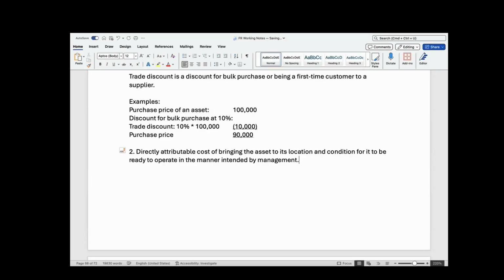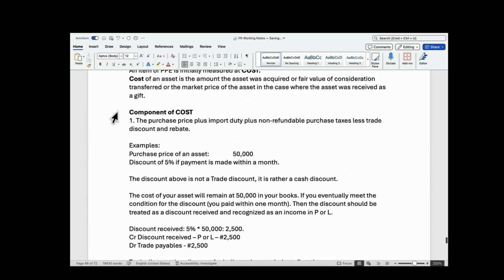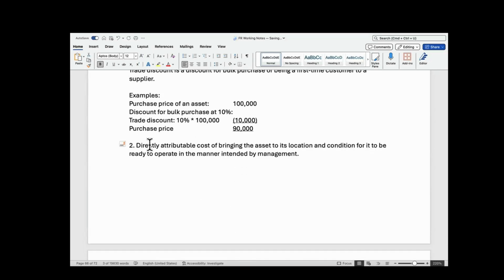So that's the second cost that is a component of the cost of PPE. Directly attributable costs of bringing the assets to its location and condition for it to be ready to operate in the manner intended by management.